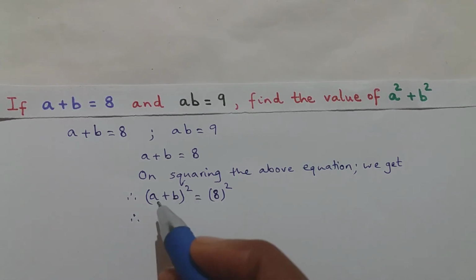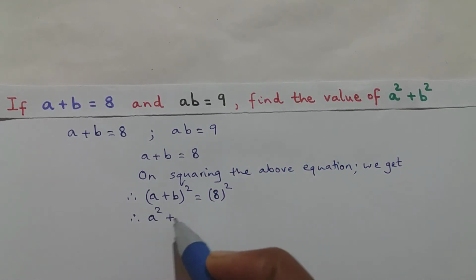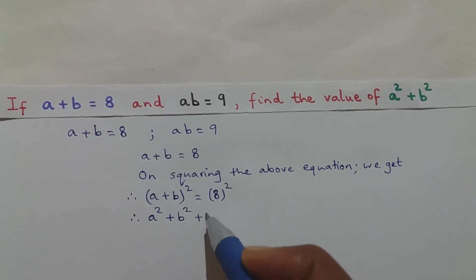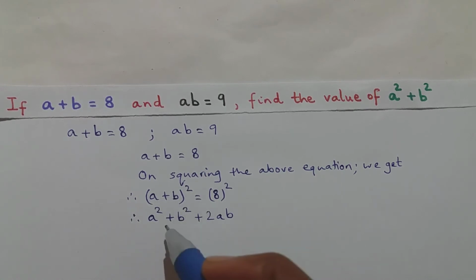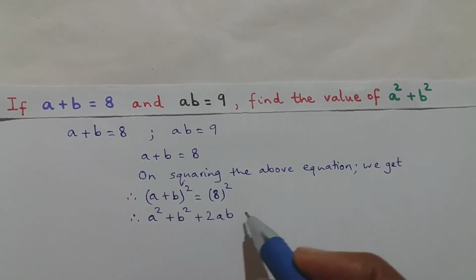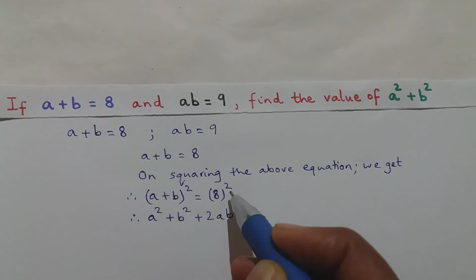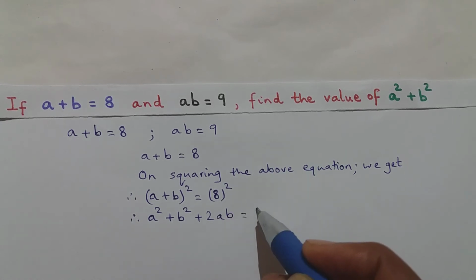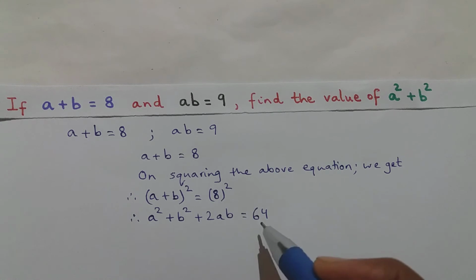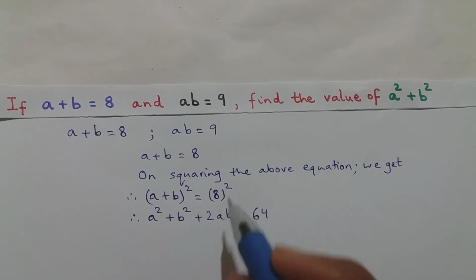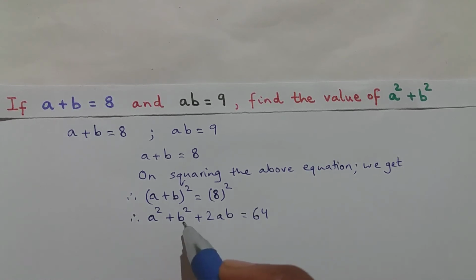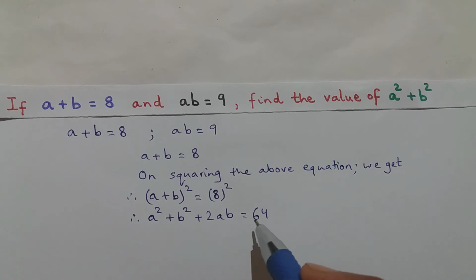When we expand a plus b whole square, we get a square plus b square plus 2ab, that is equal to 8 square. 8 square is 64. So a square plus b square plus 2ab is equal to 64.